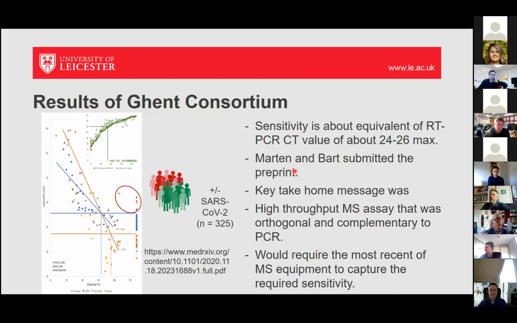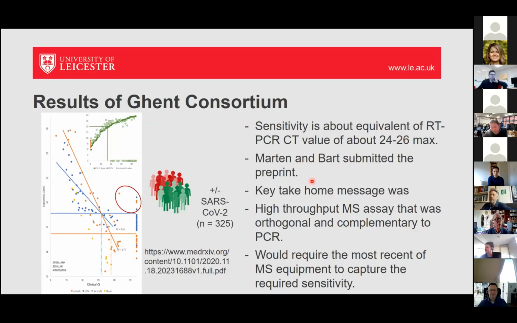And they could show pretty much a linear relationship between the mass spec response and the PCR. They've published this in a preprint, and it's now been accepted for full publication. Again, the sensitivity is about the equivalent of a PCR CT value of 24 to 26, pushed to 28, but it's broadly around that area.